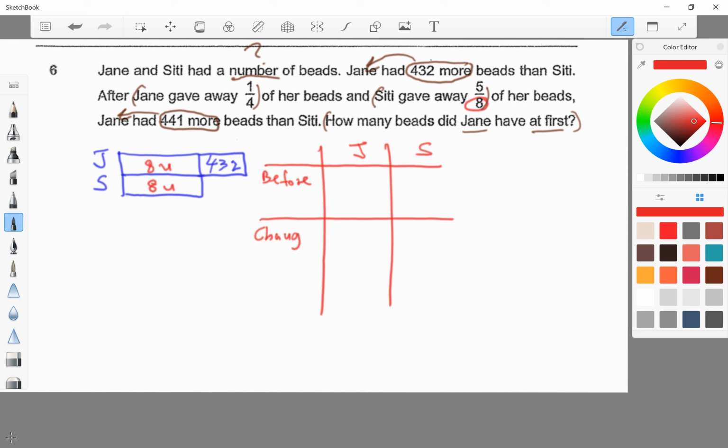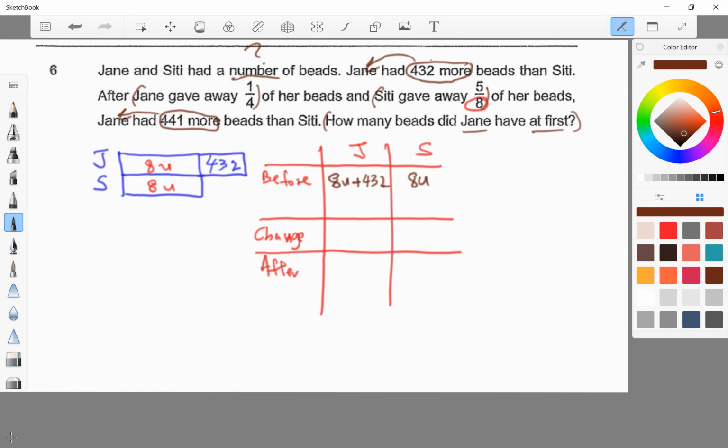So before, change, after. So very quickly, let us just fill in the table together. So Jane has 8 units plus 432, whereas Siti will be just 8 units.